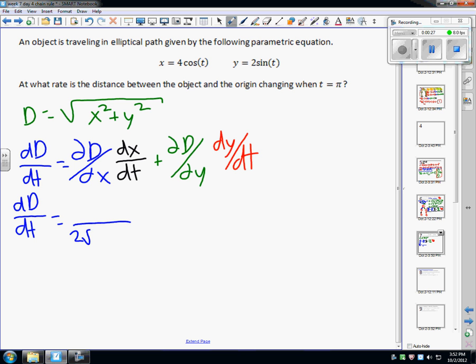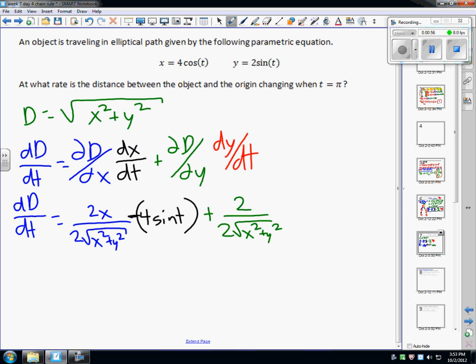Hopefully you're pretty good at square root functions, as that's what that derivative would be in terms of x, times the derivative of x with respect to t, which would be just -4 sine t, don't forget the negative there, plus the partial with respect to y, again, 2 square roots of x squared plus y squared, all over, or with 2y on top. And this guy's derivative would be 2 cosine t.